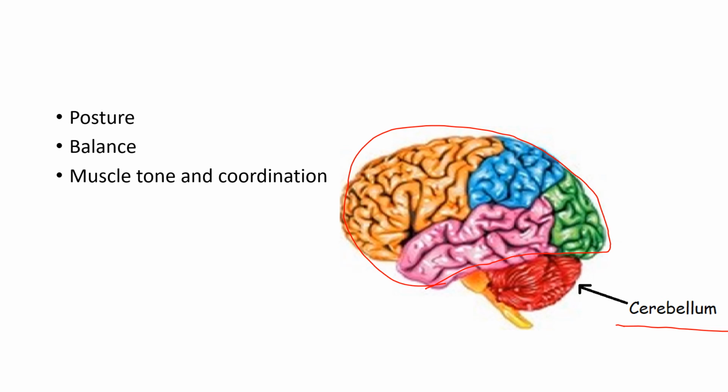It controls our posture, our balance, muscle tone, coordination, and also allows us to use fine motor skills through refinement of movement. So my ability to pick up a pen, write out my name, or pick up a fork and move it to my face to eat, those are our fine motor skills, all thanks to the cerebellum.